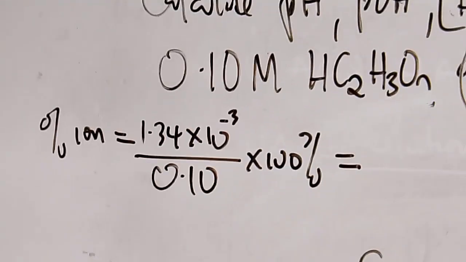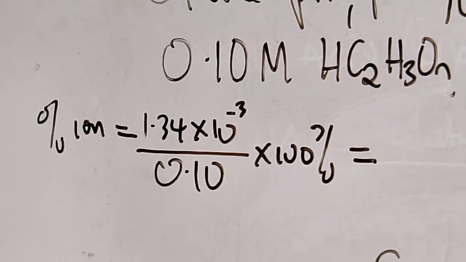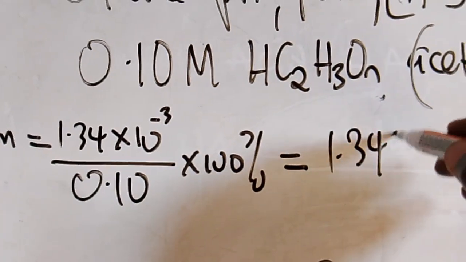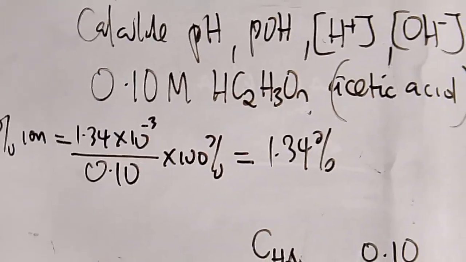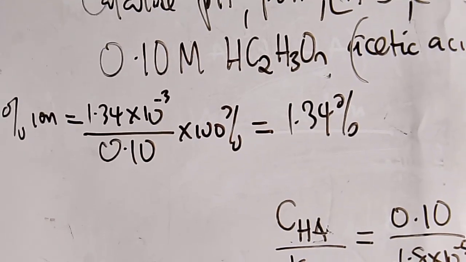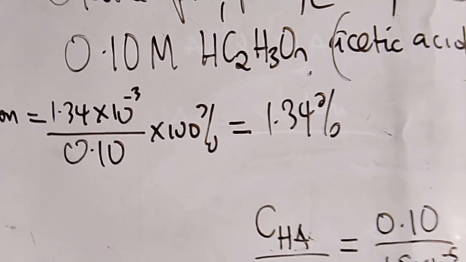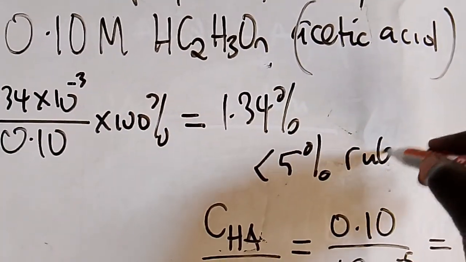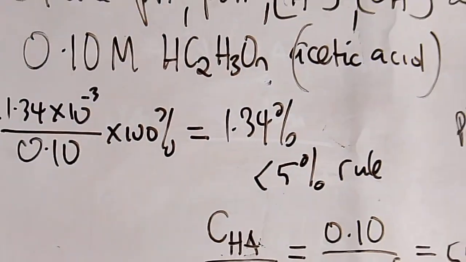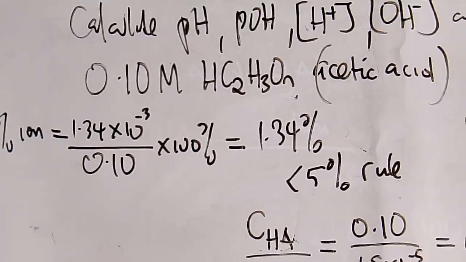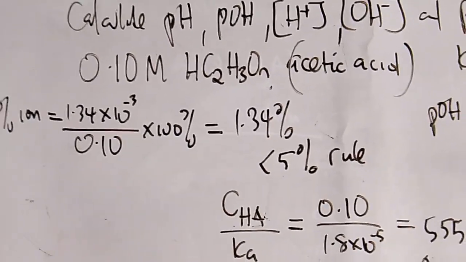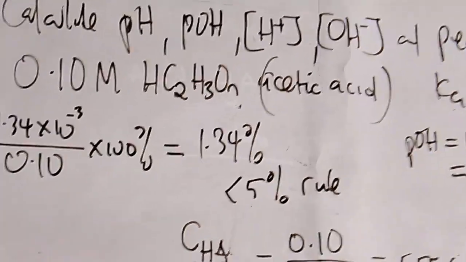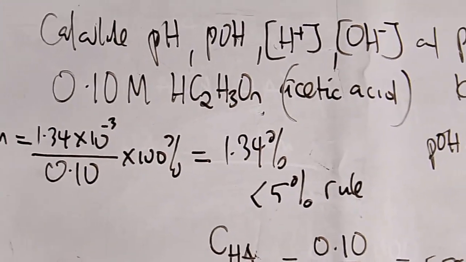We divide and multiply, and we find that it is 1.34. You can see that the percent ionization is less than 5%. Remember the 5% rule: if it is less than 5, then we neglect x. If it is greater, then we use a quadratic equation.